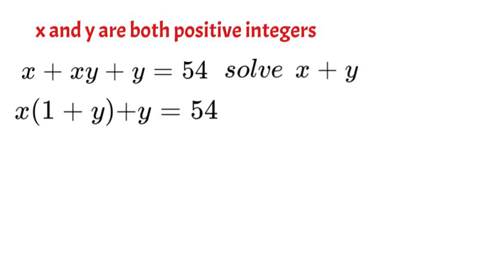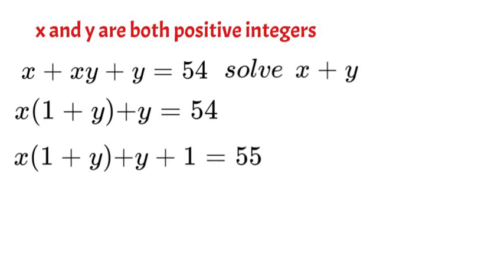Now, in order to solve this, we need to make this factorable. So how we're going to do that is we're going to add 1 to both sides of this equation. So I have an x times 1 plus y plus 1 is equal to 55. Now that we have done that, we can factor this equation.